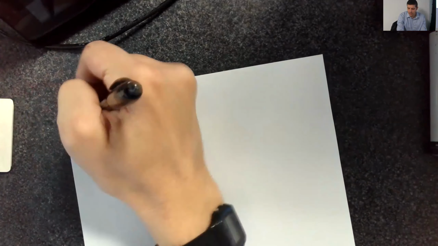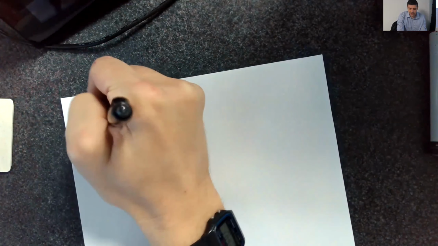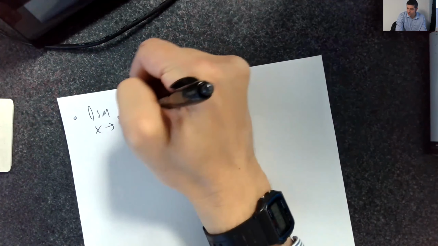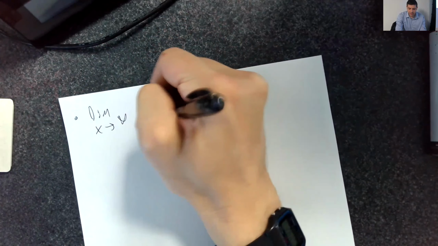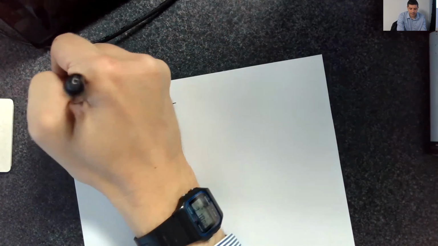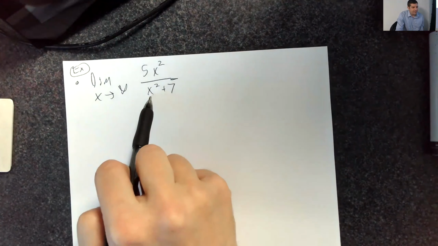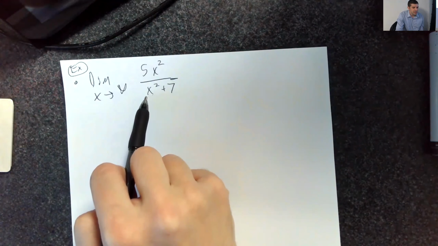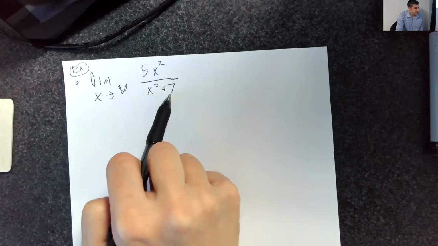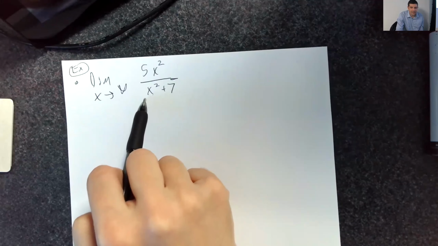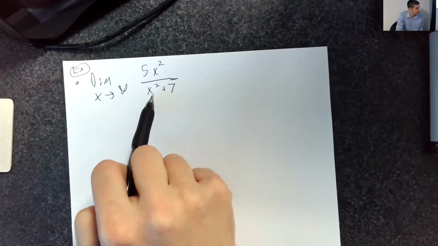Okay. What about the limit as x goes to infinity of 5x squared over x squared plus 7? We're thinking of x as being like a trillion. If you have a trillion squared and you add 7 to it, 7 doesn't change the trillion squared much. It's behaving roughly like x squared in the denominator.